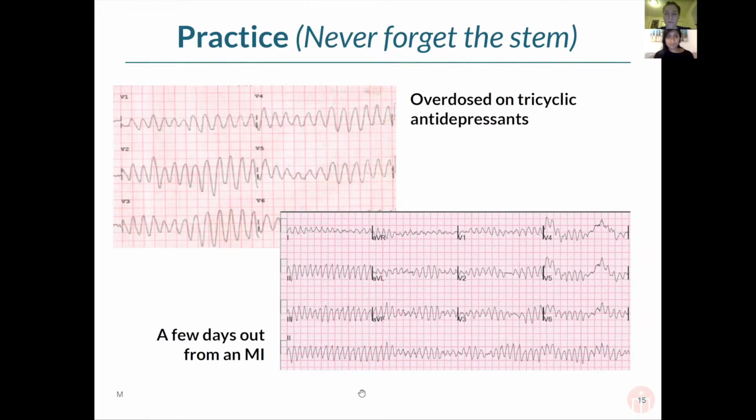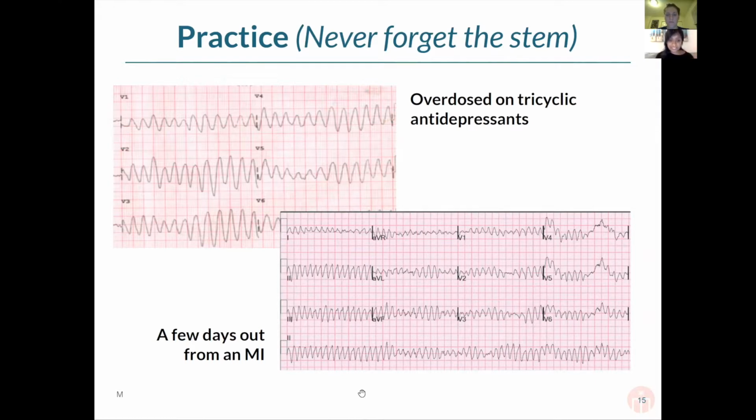So as a lot of people have said, polymorphic VTach, otherwise known as torsades, right? So that's what's happening to this patient. So again, history is really key because you know, okay, TCAs, QTc, it's probably going to be something to do with that. And then also just looking at this alone, sinusoidal pattern, wide complex, you can get there both ways. And if you have both of them together, it really helps you anchor down on that diagnosis. So that's the first one.